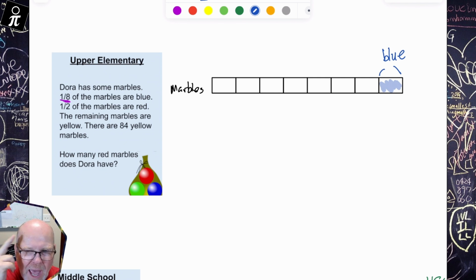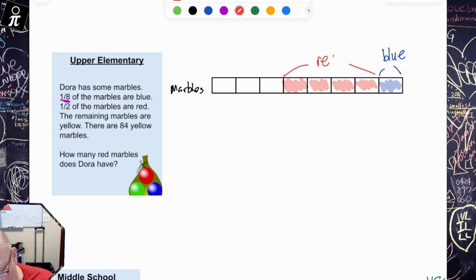Well, we know out of the 8 units, half of them would be 4. So that means 4 of those units must be red. So right here is our red. And then it says the remaining marbles are yellow, and that there are 84 yellow marbles.